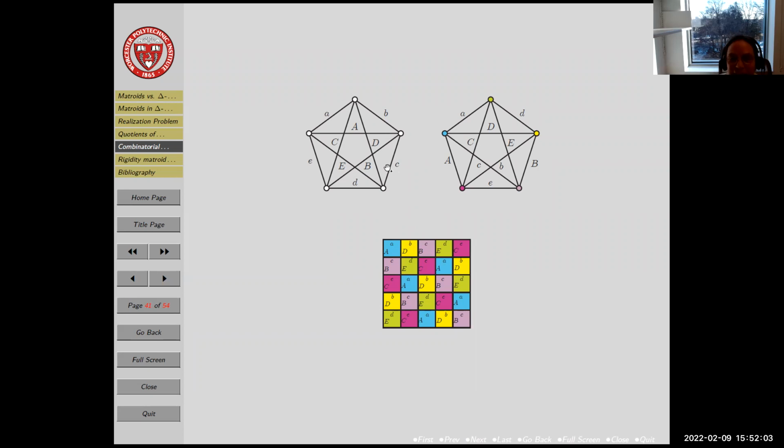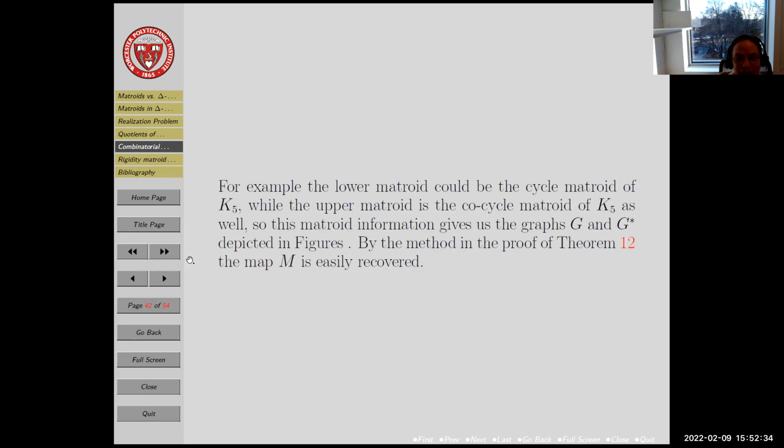So the upper and lower matroid are perfectly isomorphic, but we are looking at the cycle matroid as the lower matroid and the co-cycle matroid of K5 as the upper matroid. And if I know the Delta-matroid information, I can recover my map. I think that's quite a spectacular success for looking at this completely combinatorially.